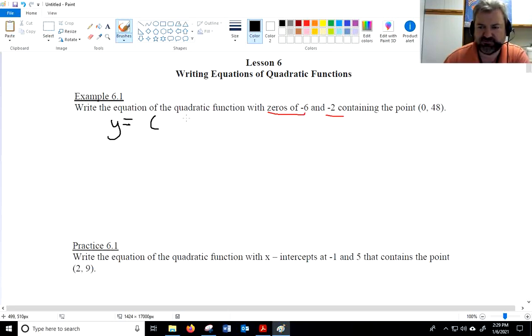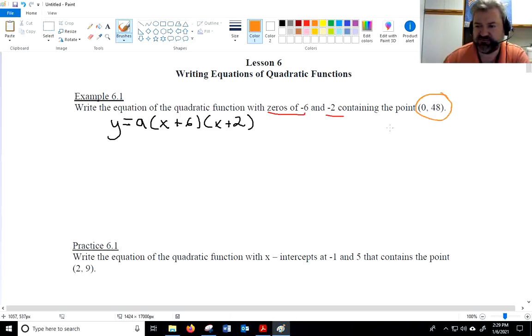If one of the zeros is -6, we know that x plus 6 is a factor, and x plus 2 is a factor. But what we don't know is the leading coefficient, which could be right here. We don't know what that a value is. It could be a fraction. It could be 2 or a negative. So we need some other piece of information in order to find the final equation.